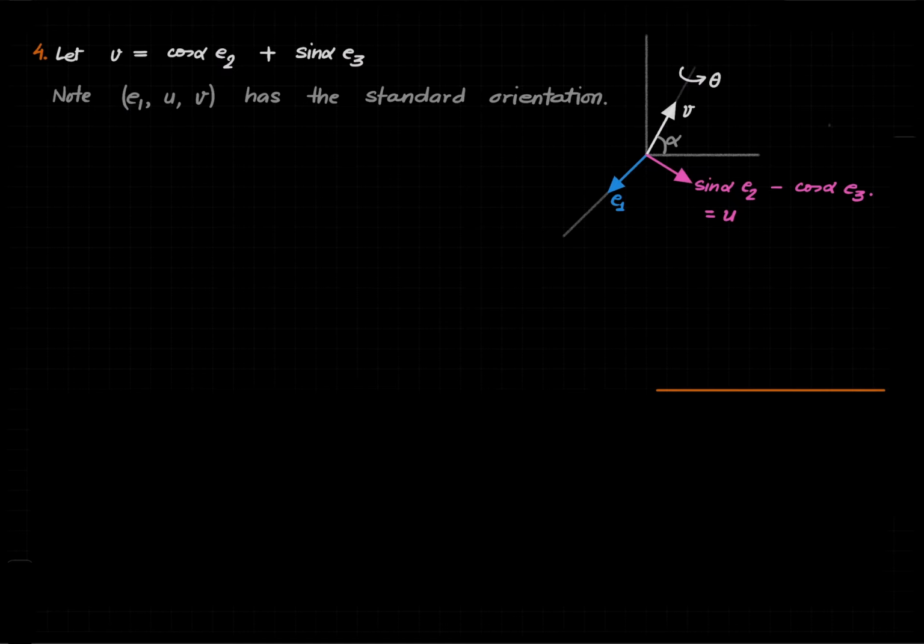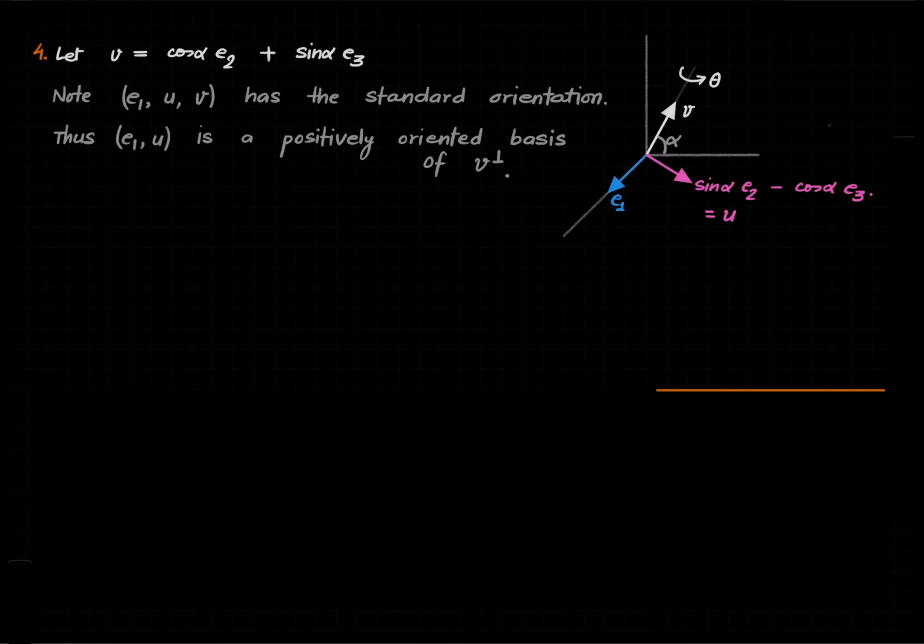Okay, and therefore, thus E1 comma U is a positively oriented basis of V perp.